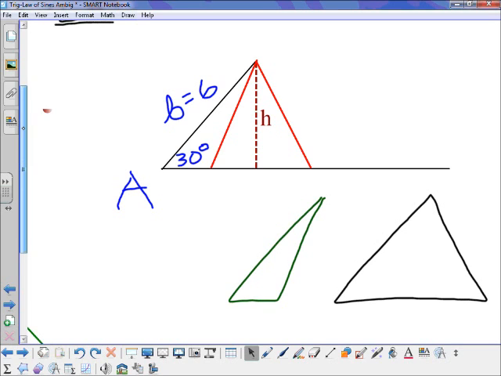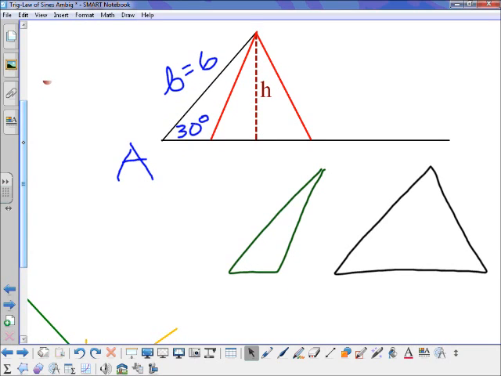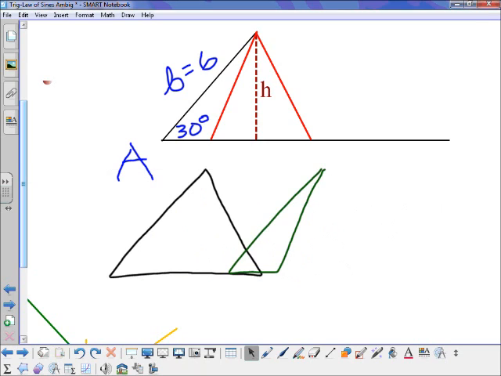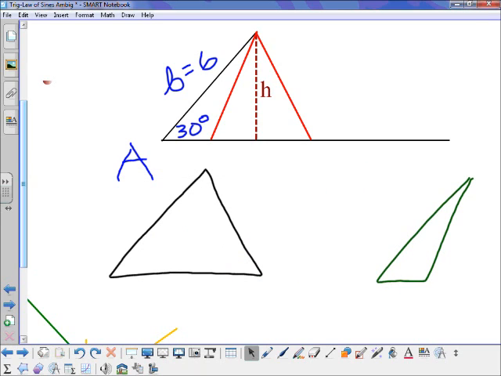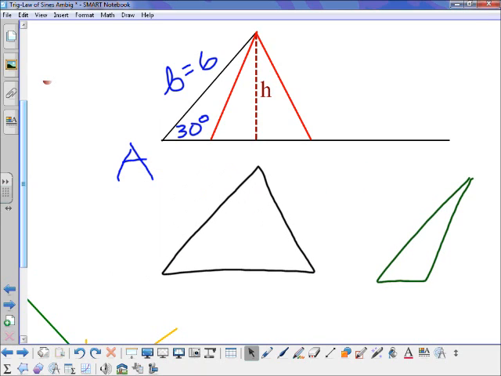Now, there's 2 triangles possible. Let me switch their order, because this is the order I suggest you solve them. Figure out the acute triangle first. Again, the 3 given are going to remain the same.